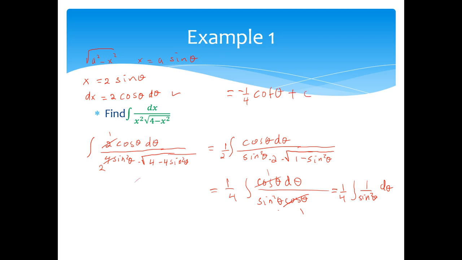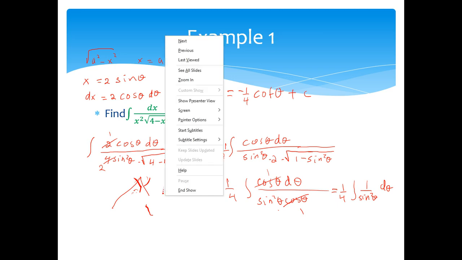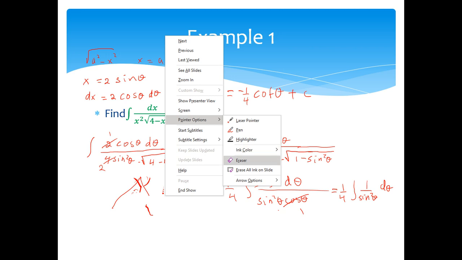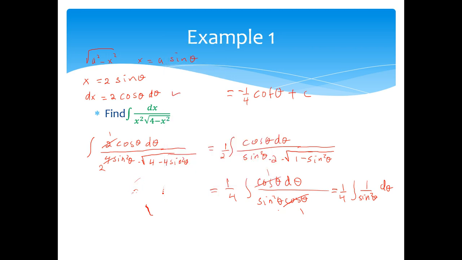And then now we go back to our first assumption.